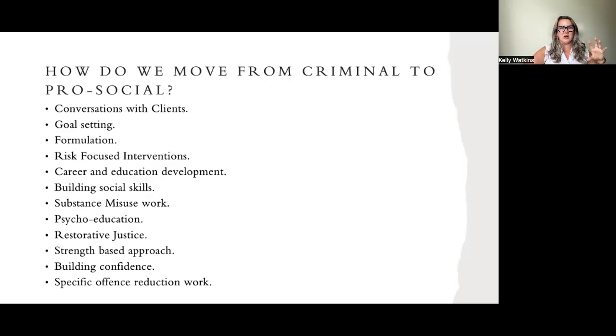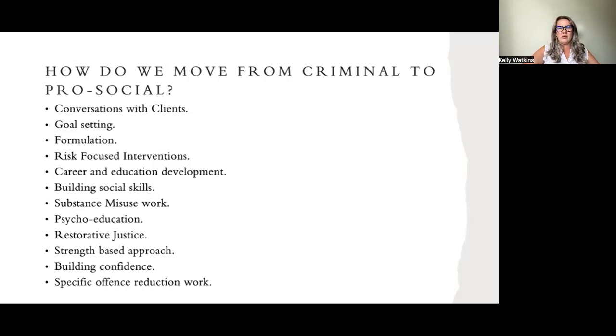Having that career and education development, so thinking about, are there goals, are there things that an individual wants to do but they haven't been able to do previously in life, so what can we develop? And it may not be just educational development, it could be building those social skills, any sort of skills that an individual may be lacking because they haven't had a chance to develop it, or even just life skills.